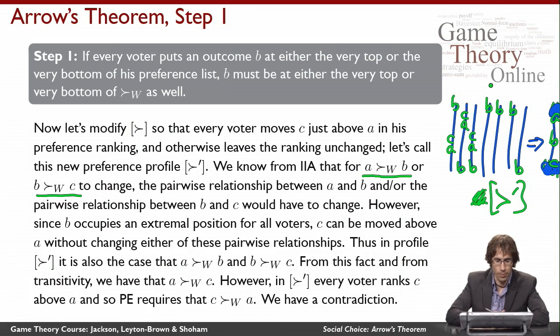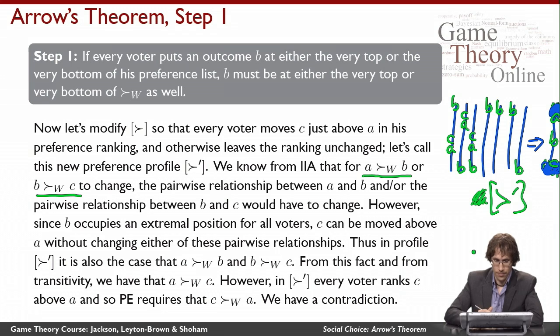However, notice that B occupies an extremal position for all of the voters. And that means that C can be moved above A, moving from pref to pref prime, without changing any of the pairwise relationships between C and B and between A and B.